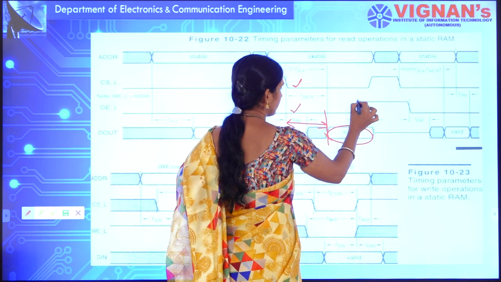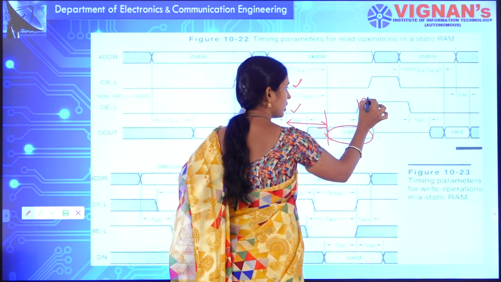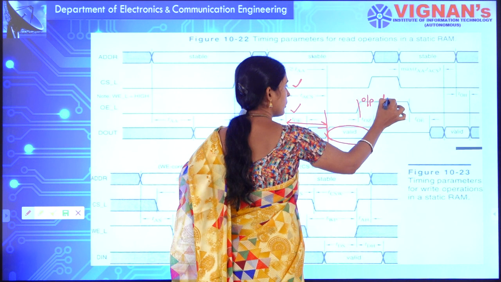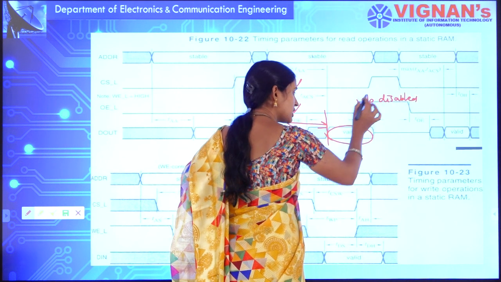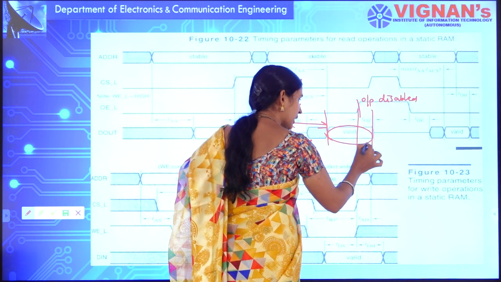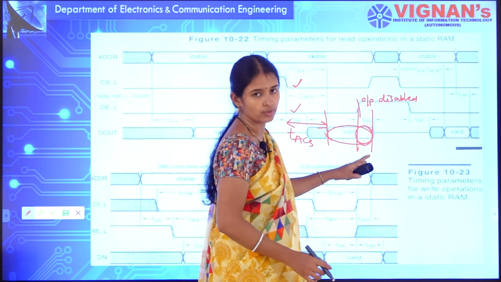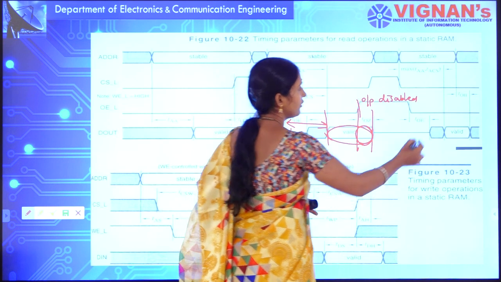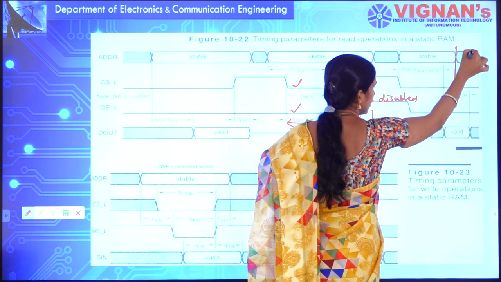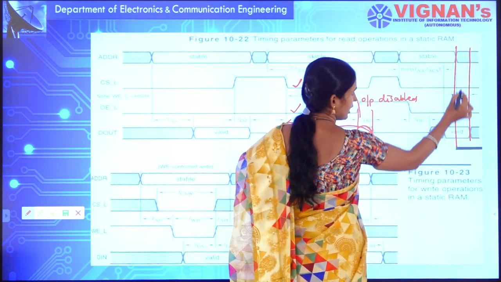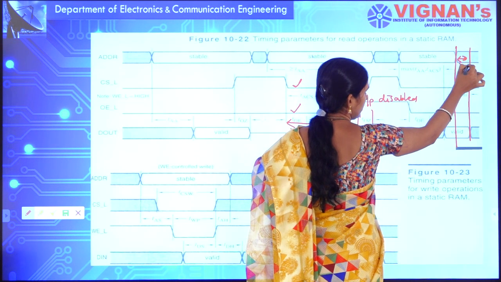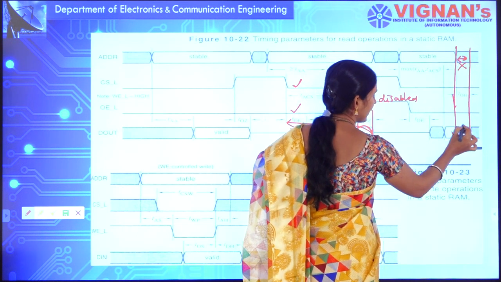See here, your output is disabled, even though output is disabled you are getting some data; that is your output disabled time. At the same time, even though the address is not available, you are getting some valid data.